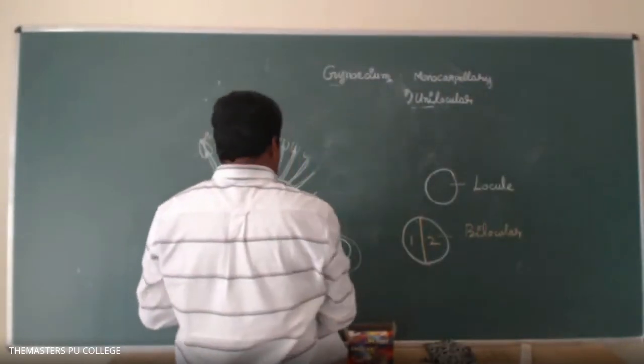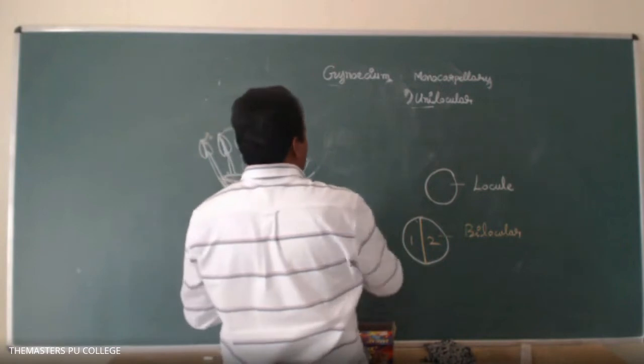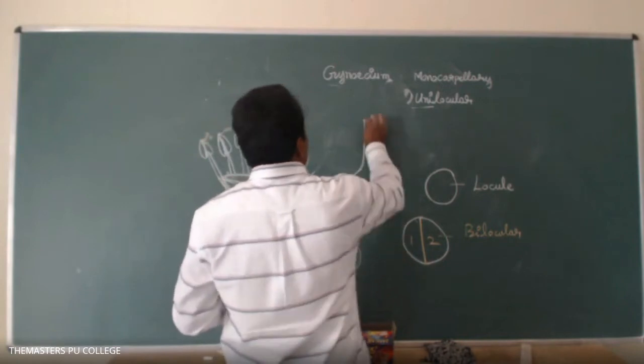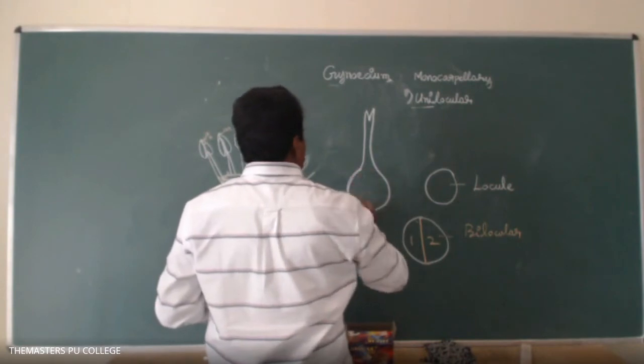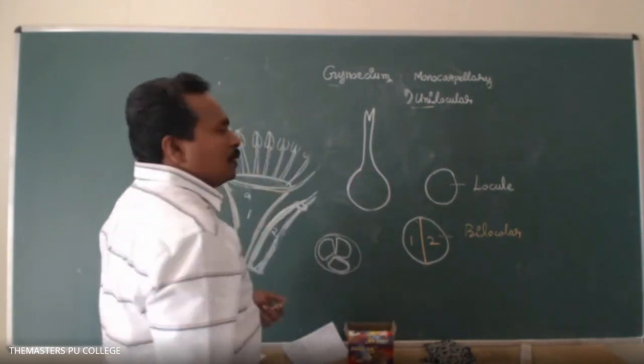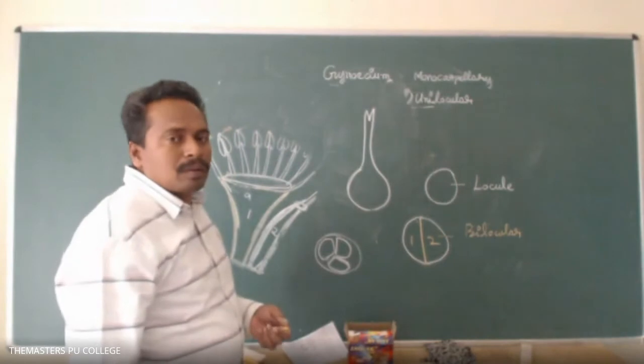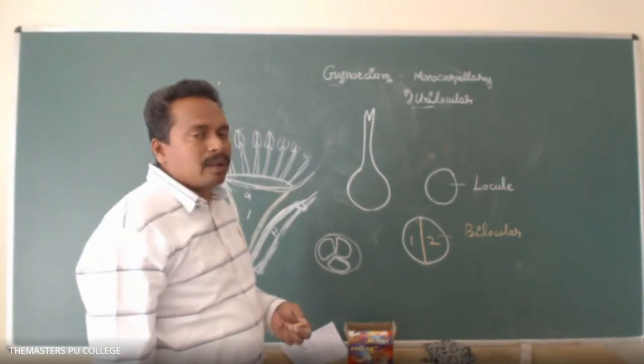So the number of carpels varies. How many carpels are present? Monocarpellary, one. Yes, one.